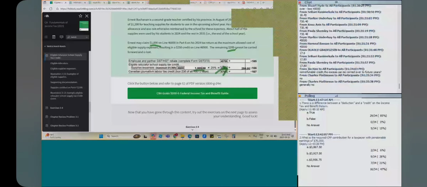Now, this is an important point to bear in mind. This person had discretion. So if instead they had only spent $1,000 in 2024 and made that additional $200 purchase in 2025, then those additional $200 in supplies could be claimed on the following tax year.